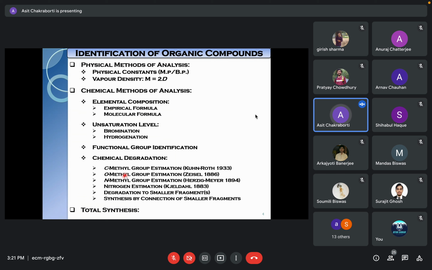So you are going to quantitatively determine the OMe group. You have been taught NMR, proton NMR.